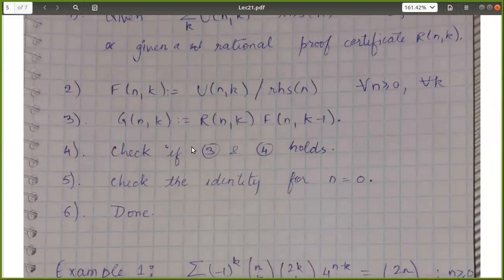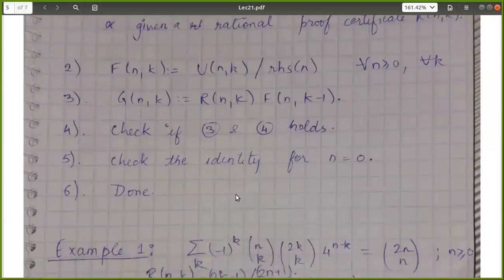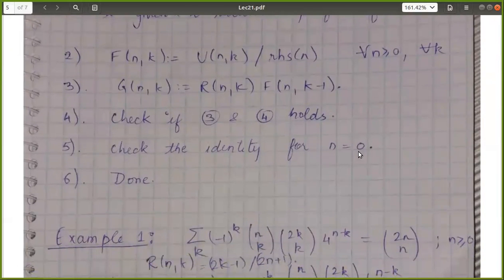So checking if 3 and 4 hold, together with this definition of F(n,k) itself, you would know that F, G is a WZ pair. And as an extra precaution, you should always check the identity for n equal to 0, because that is where things go wrong mostly.